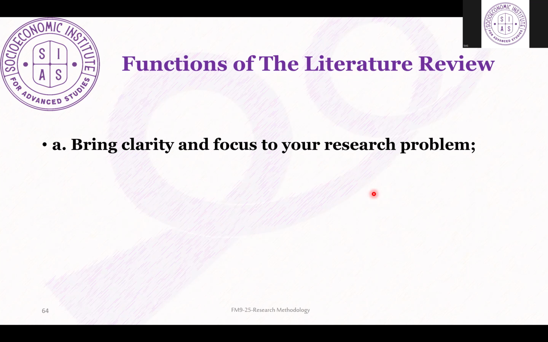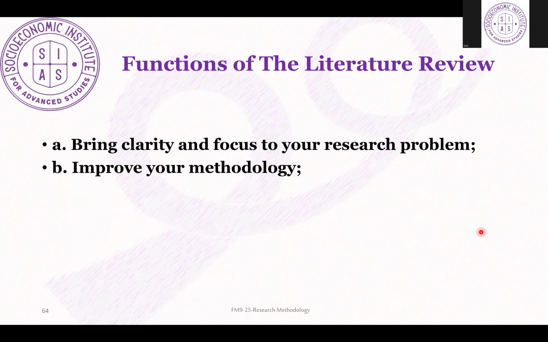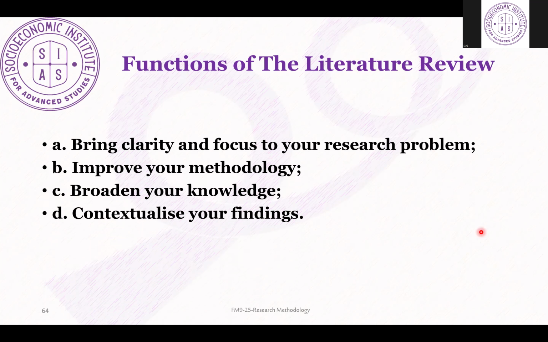The function of the literature review is supposed to bring clarity and focus to our research problem. It's supposed to improve our methodology, because once we do a literature review, we study the methodology of others and what they have done. We're supposed to broaden our knowledge in this area, and we are supposed to contextualize our findings over time.